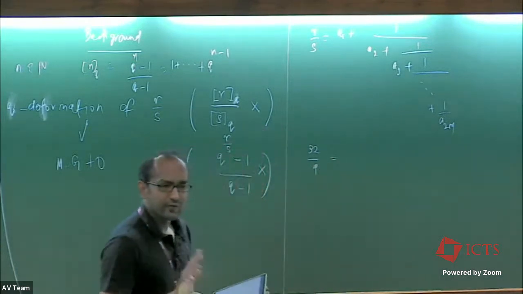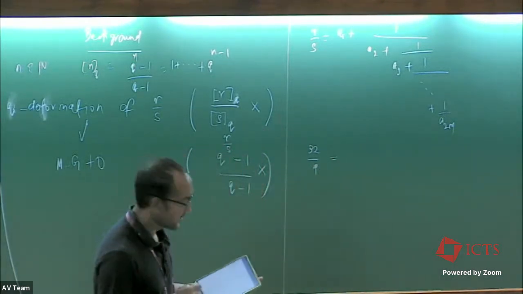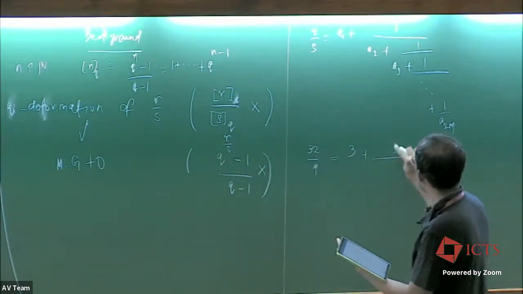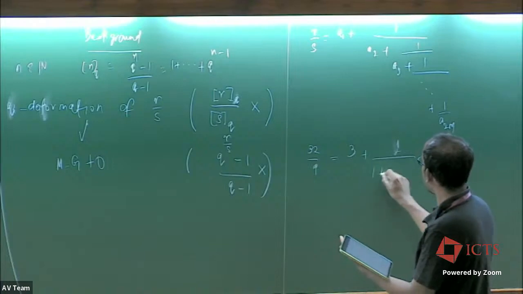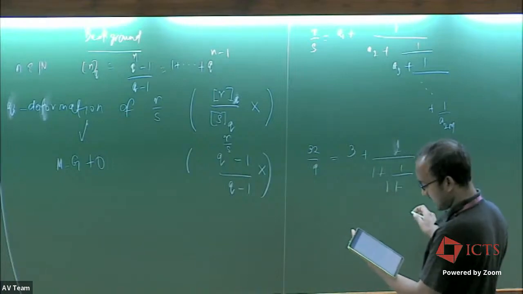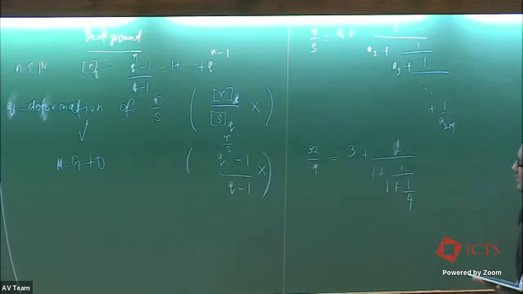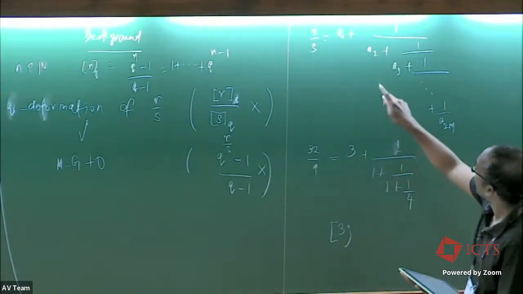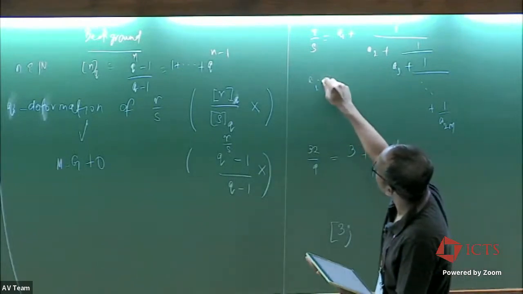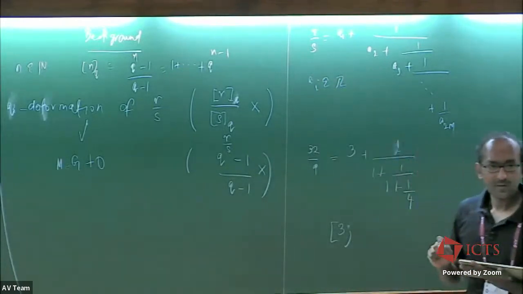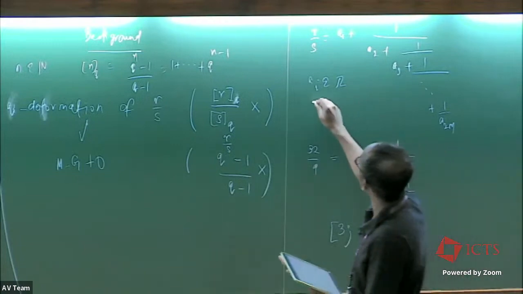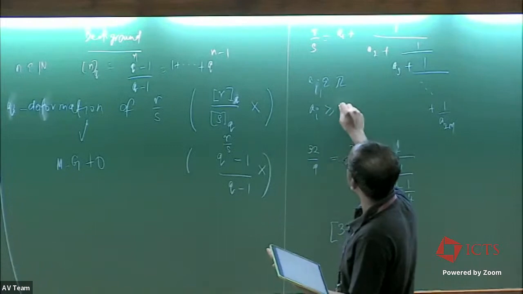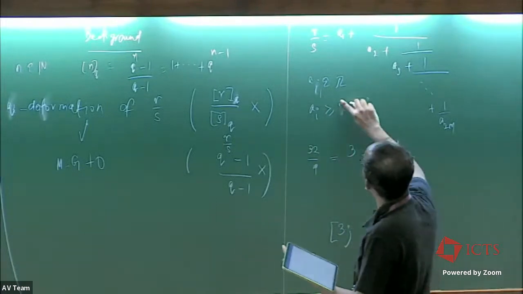If you haven't seen continued fractions, please do see them. The traditional notation has the property that A1 is an integer, and A_i is bigger than or equal to 1.